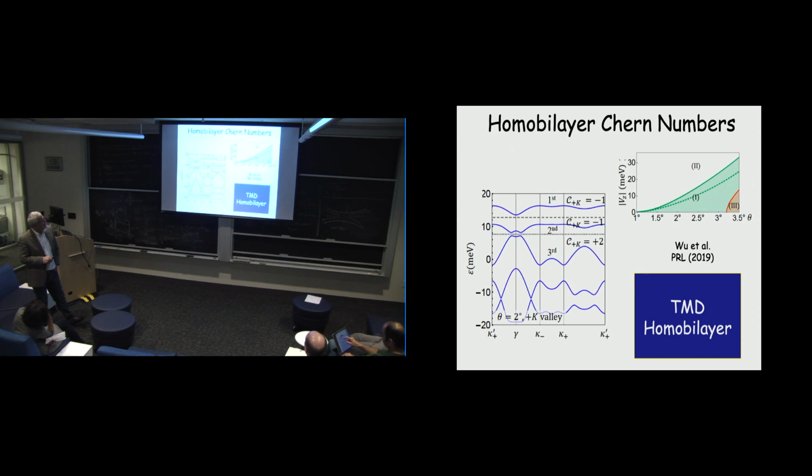They're characterized topologically by Chern numbers, the number of times you cover a sphere of one type or another when you integrate over momentum space.